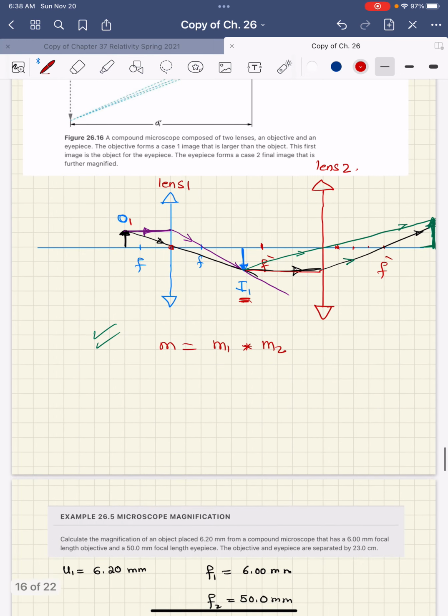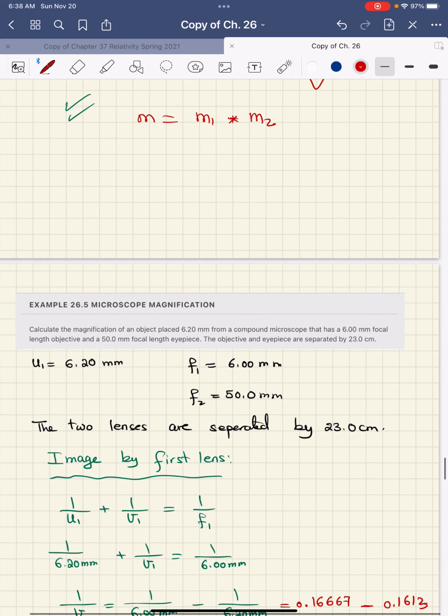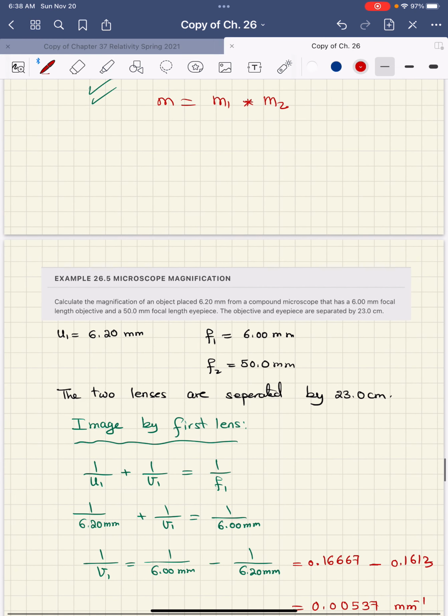Let's talk about how this is calculated. Calculate the magnification of an object placed 6.2 millimeters from a compound microscope that has a 6.00 millimeter focal length objective and a 50.0 millimeter focal length eyepiece.